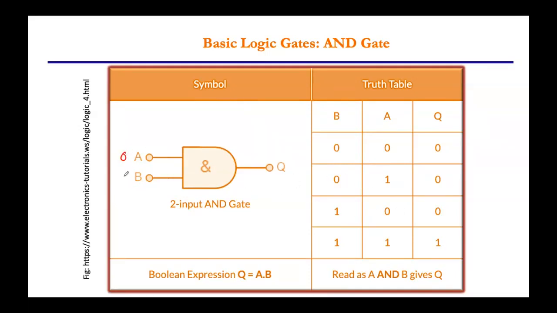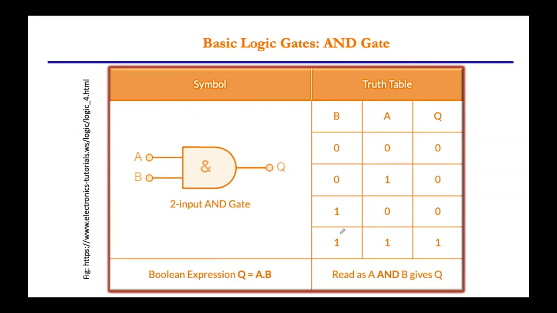If A is 0 and B is 1, then 0 multiplied with 1 gives the result 0. And if both the inputs are 1, then 1 multiplied with 1 gives the result 1. So A dot B is equal to Q, and the result is 1.